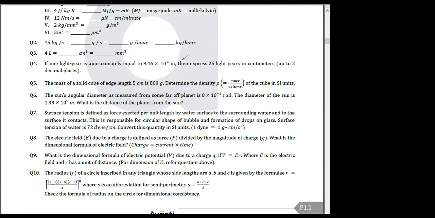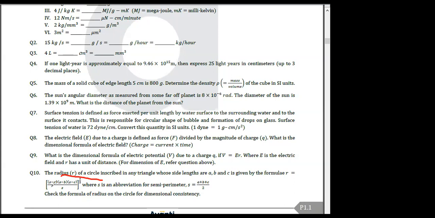Anyways, this is something like Heron's formula. But this formula is correct because this is the radius of the inscribed circle. The radius of the circle inscribed by any triangle whose sides are A, B, C is given by this. You have to check the formula of radius.